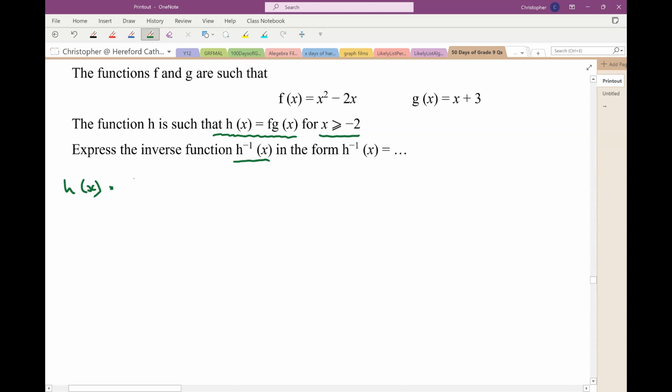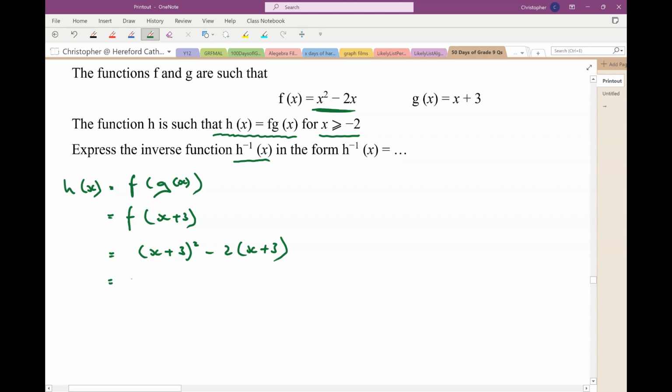Now, h of x is f of g of x. So that's going to be f of, and what's g of x? X plus 3. So we need to f x plus 3. So when we f something, we square it, and we take away twice it. There we are. So let's keep going, shall we?